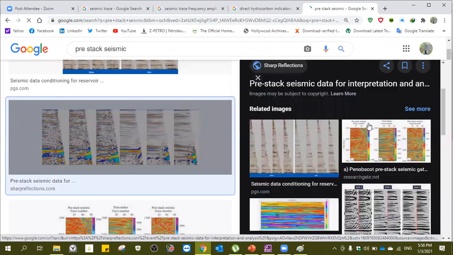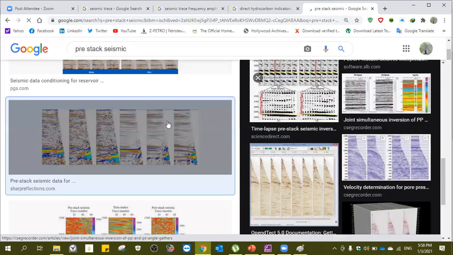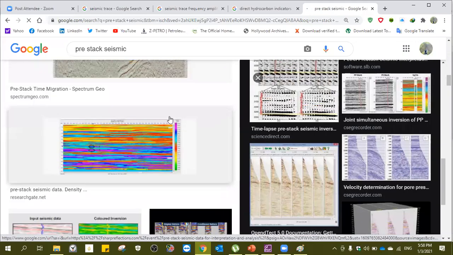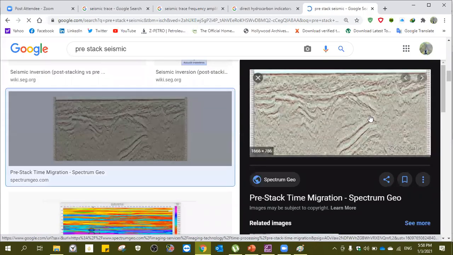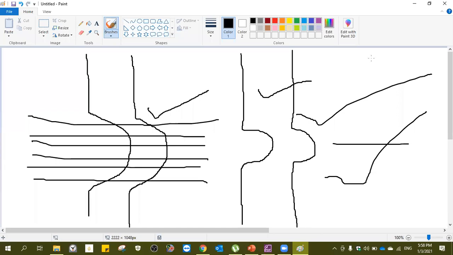When you sum up your data set, you will get only one seismic section, which is known as post-stack seismic section. So this is how you can differentiate post-stack and pre-stack.